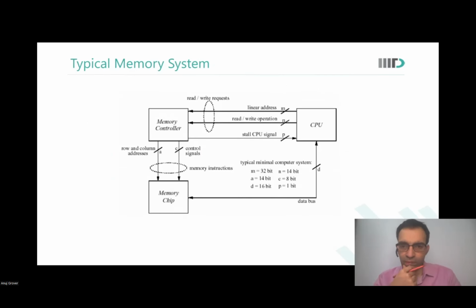We also discussed that there is a memory controller, a memory chip, and a processor. Through the memory controller, the processor sends information to the memory chip and gets the data.